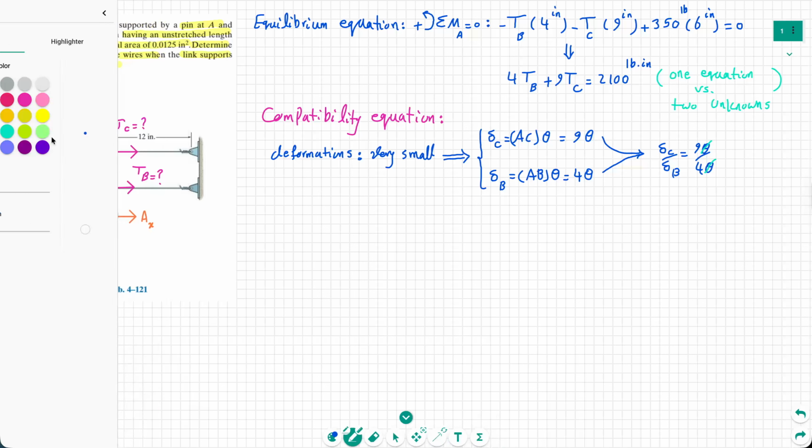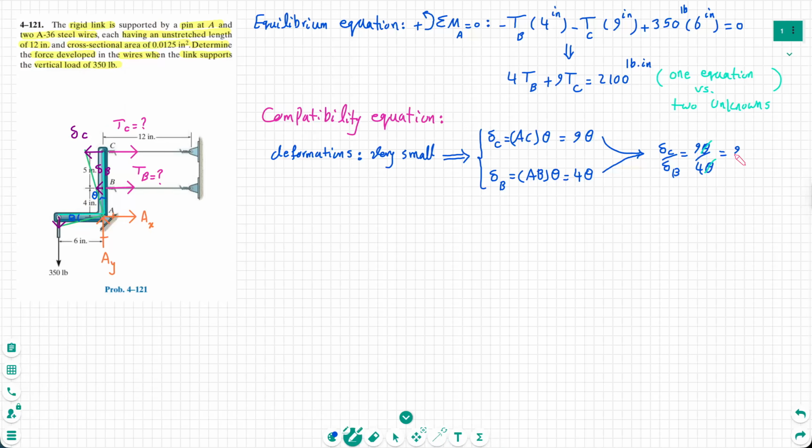What we get is this simple relation between delta C and delta B. So here we can just use the cross product and find this equation: 4 delta C equals 9 delta B. And we call this the compatibility equation.